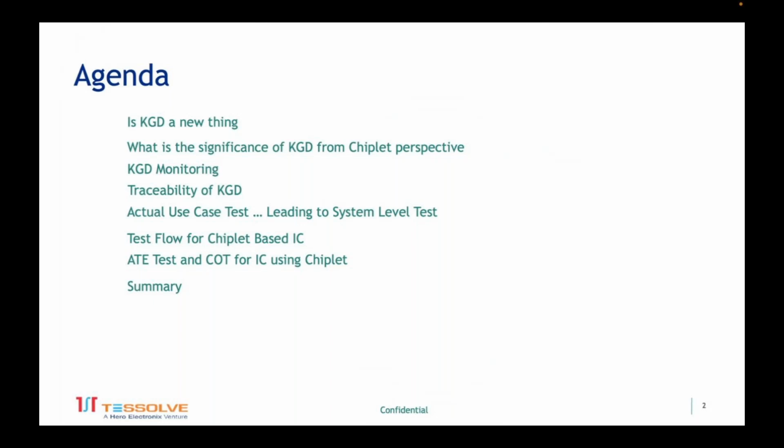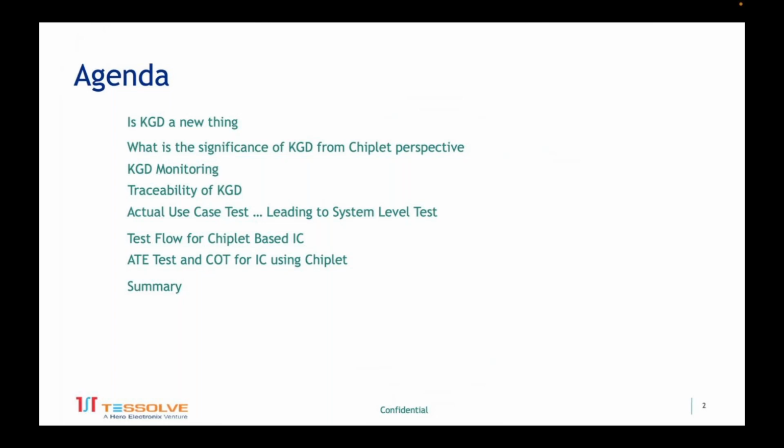We'll look into why it is significant. Then we'll talk about traceability, in the event that a particular die in a package for some reason goes bad, and there is a requirement based on the ICs used in mission critical applications like automotive, or for that matter high performance computing.